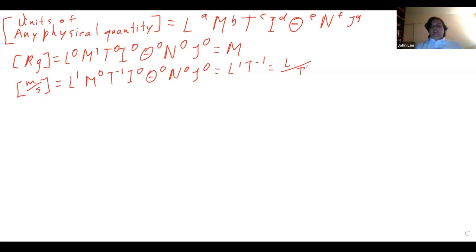So meters per second is speed, so that's going to be the change in distance over the change in time. Kilograms is just mass, so that's just going to be mass.